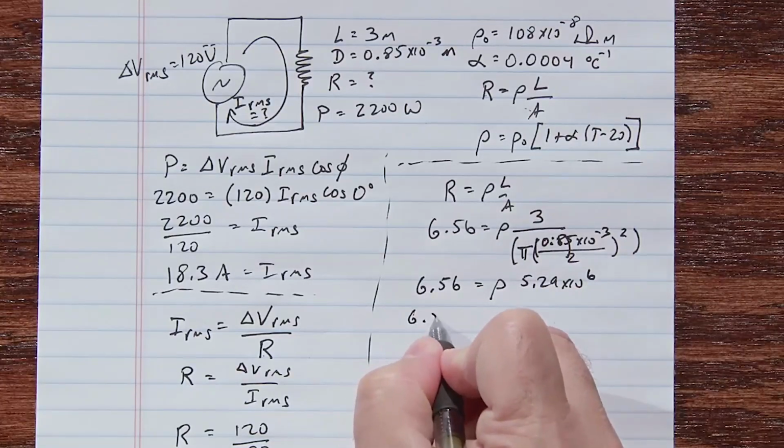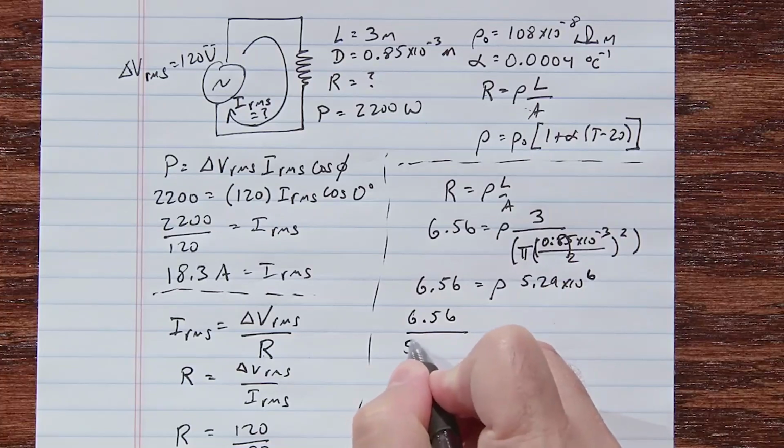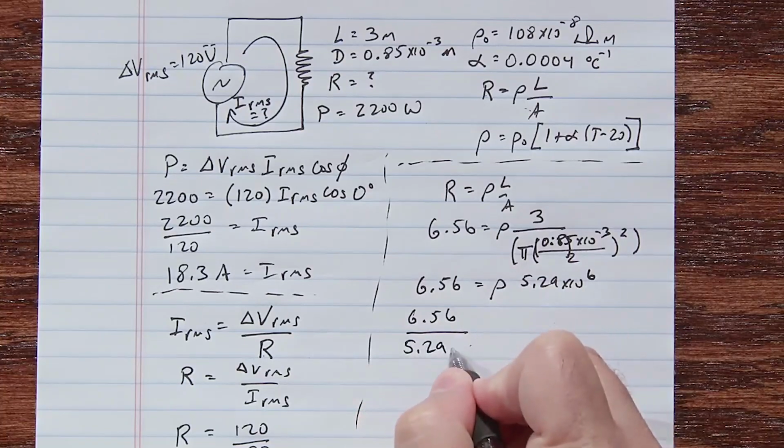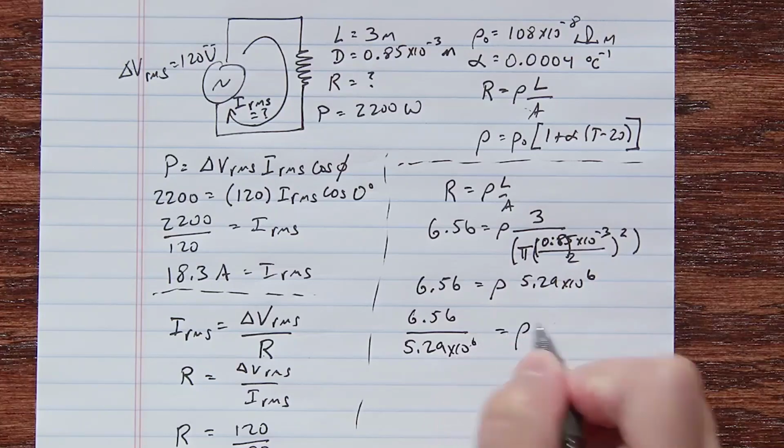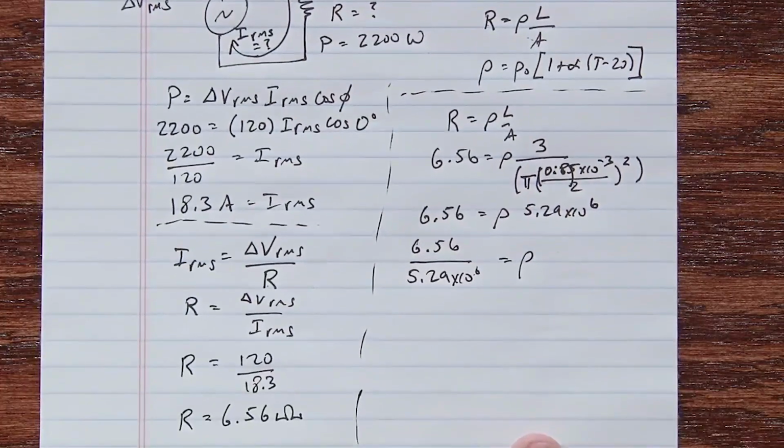So 6.56 divided by 5.29 times 10 to the 6 is the resistivity of the wire. That gives us a resistivity of 1.24 times 10 to the minus 6.